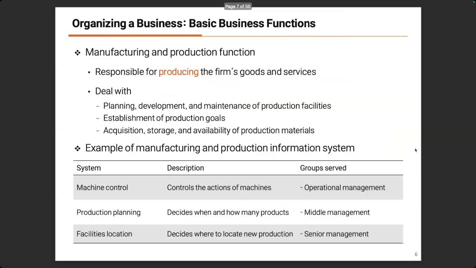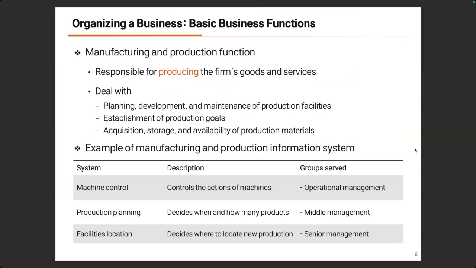Okay, and let's go through each business function more closely. The first one is the manufacturing and production function. Manufacturing and production is responsible for producing the firm's goods, products, and services.